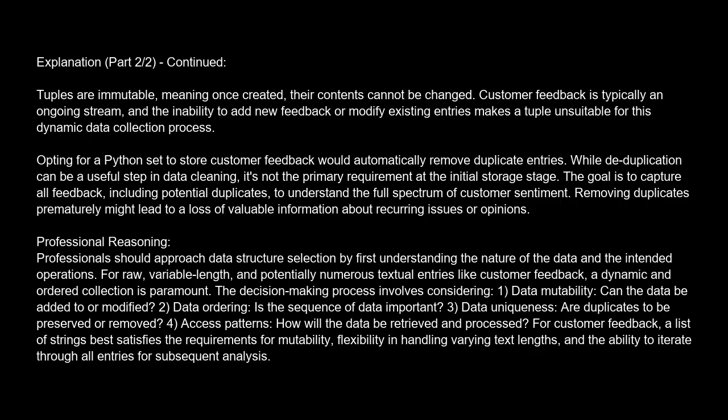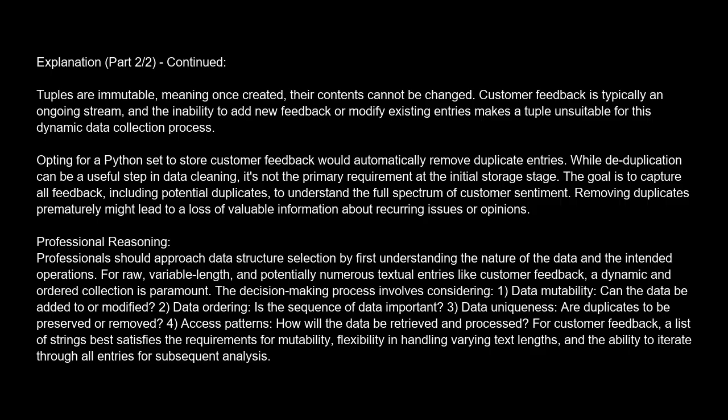Professional reasoning. Professionals should approach data structure selection by first understanding the nature of the data and the intended operations. For raw, variable length, and potentially numerous textual entries like customer feedback, a dynamic and ordered collection is paramount. The decision-making process involves considering 1. Data mutability. Can the data be added to or modified? 2.